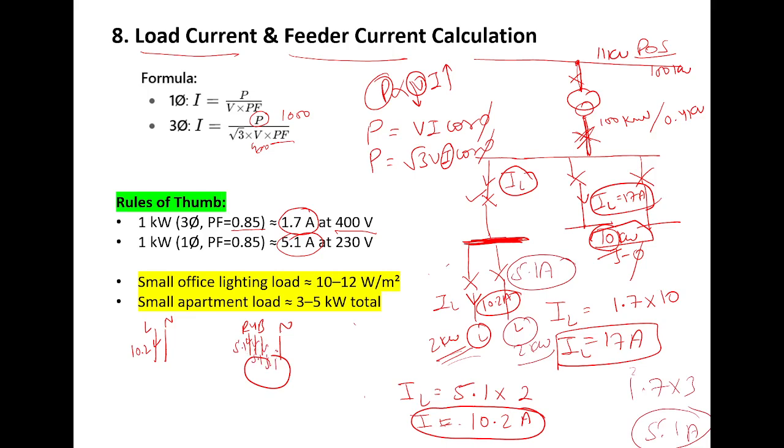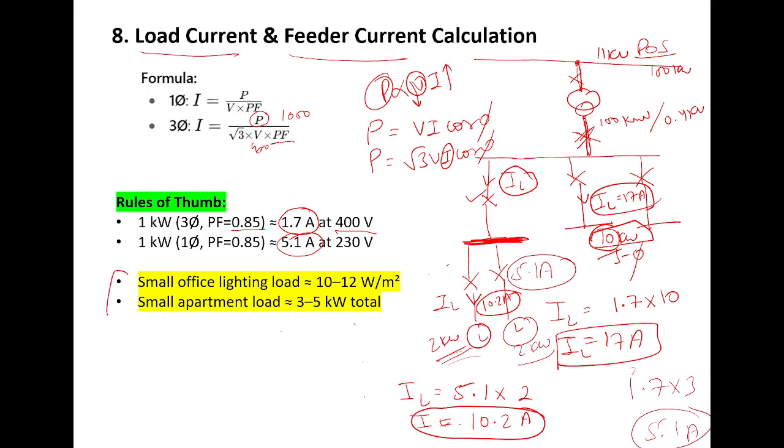The same current is distributed among these three lines. So that's why. I hope it is clear for everyone. So this is the shortcut for how to calculate the load current.